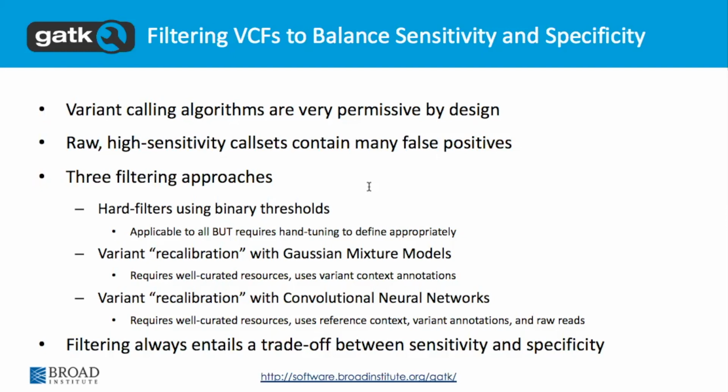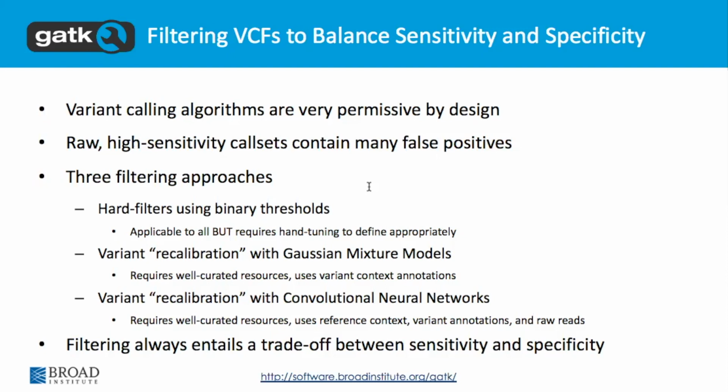And the latest and greatest in the evolution of the filtering tools are the ones that use some sort of neural network technology, and that also requires a truth resource.